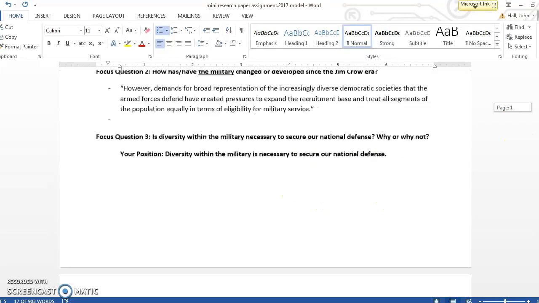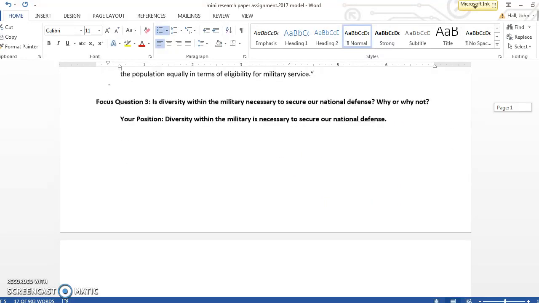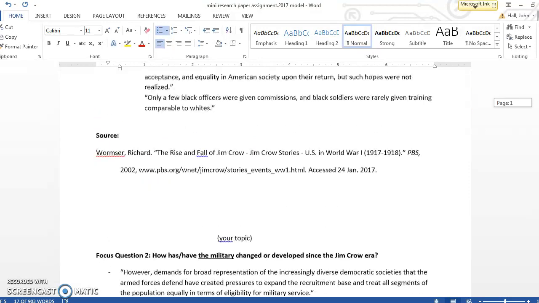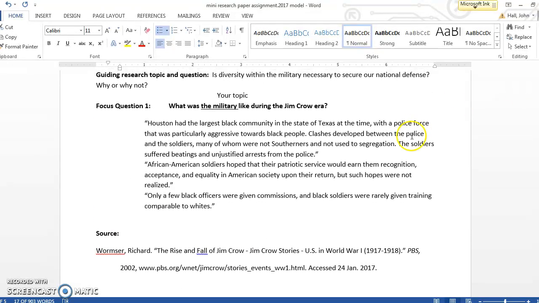So of course I would then research some things that support that, as well as some things to support focus question 2. But you can see that I've already done the research for focus question 1. And again, I'm just showing you as an example how this would be done, so I've done sort of the quick version of this just to show you.